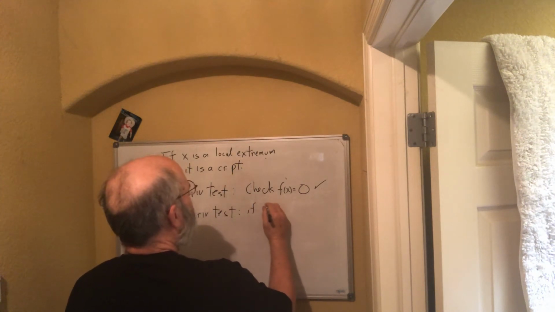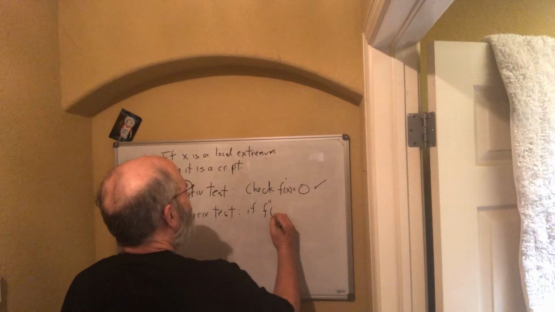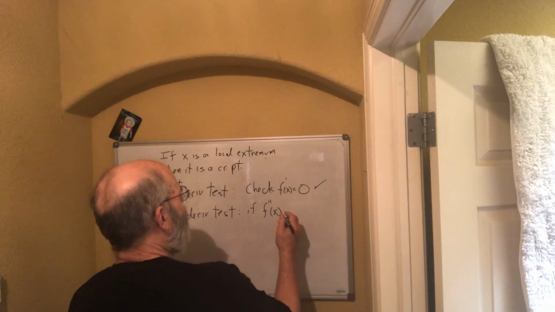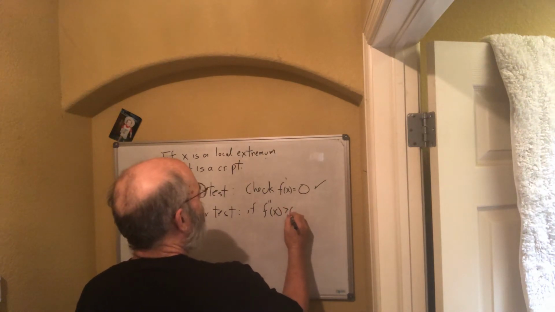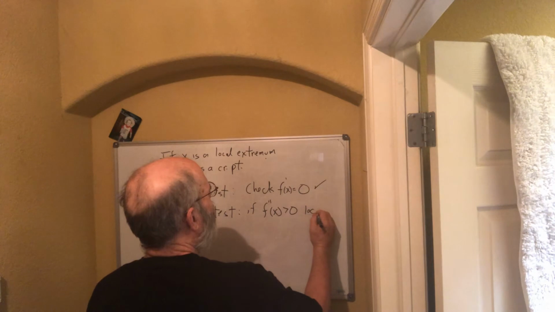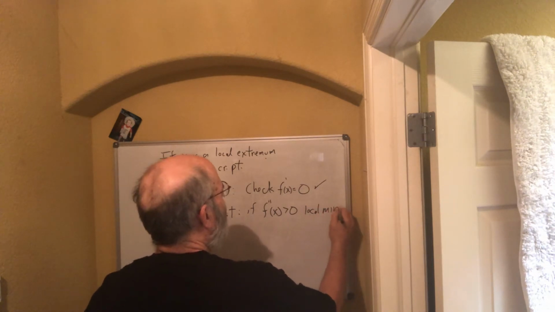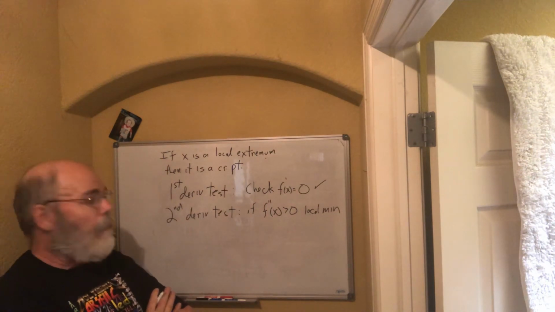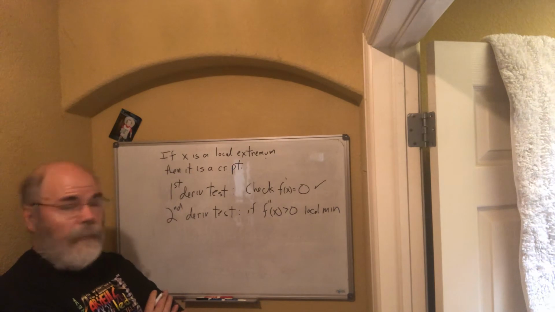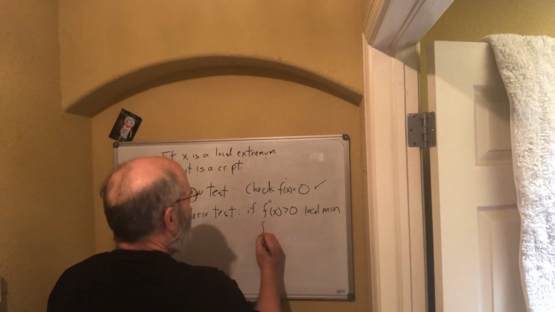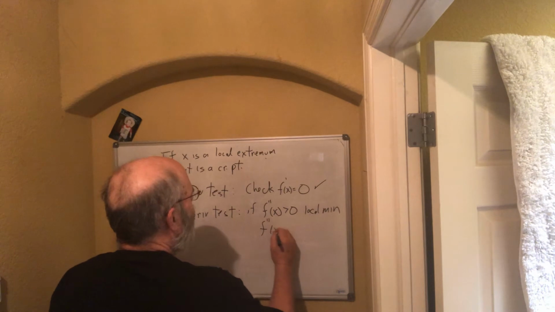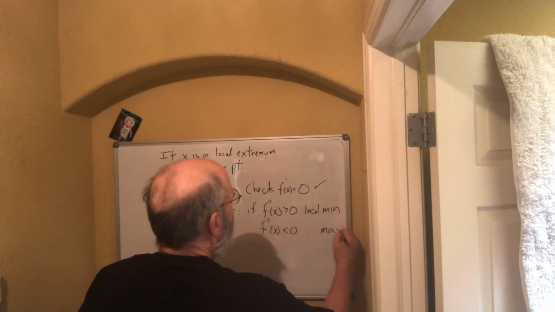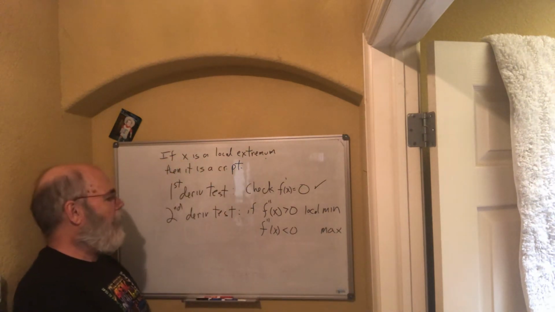If it turns out that the second derivative evaluated at that same point turns out to be positive, then you know it's going to be a local min and not a max. And that's really all there is to it. I'm not going to belabor this because you've seen this. If the same thing happened but it turned out to be negative, then that would turn out to be a local max.